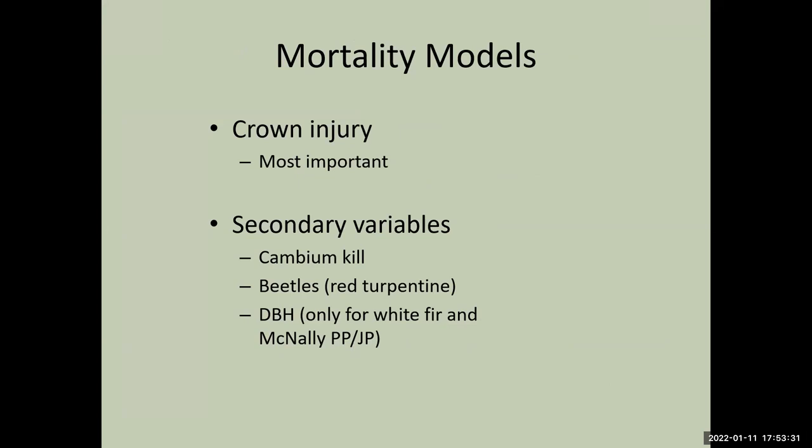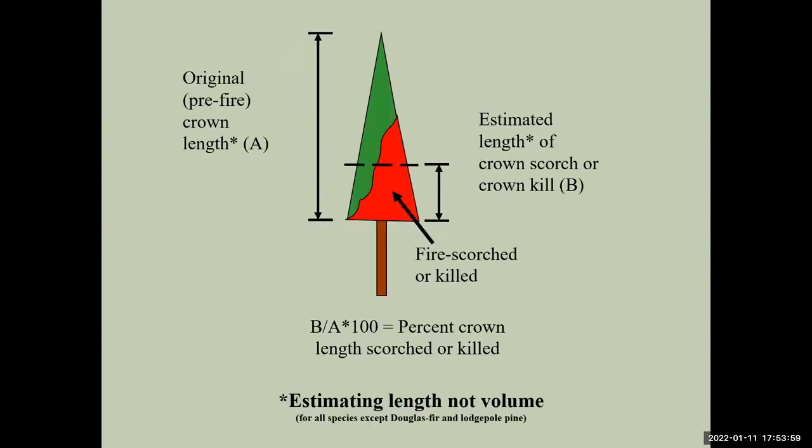If a tree does not have green needles, it's not likely to survive. The other variables we looked at were very much secondary, but they were significant, and that was the amount of cambium injury around the base of the tree, the presence or absence of red turpentine beetle on pines, and then for white fir and for larger diameter ponderosa and Jeffrey pine, we found a significance in tree diameter. I'll talk about that in a bit too.